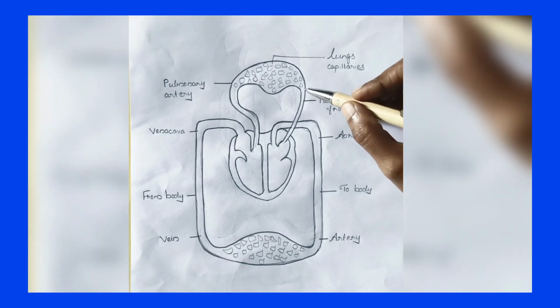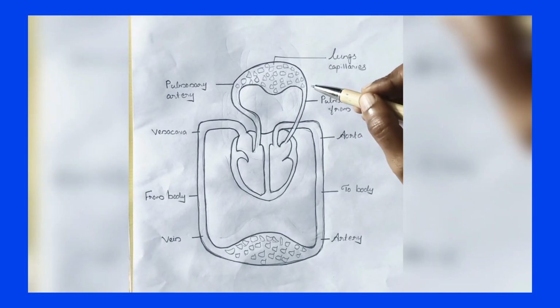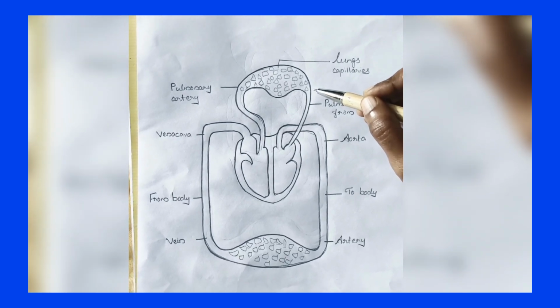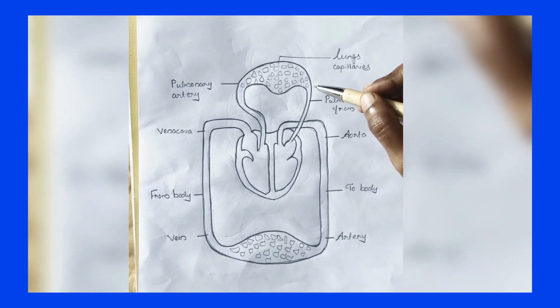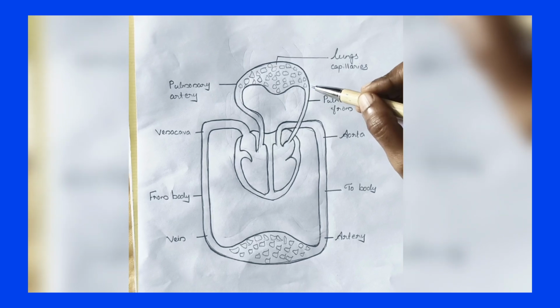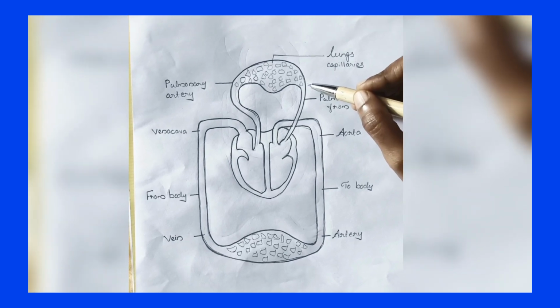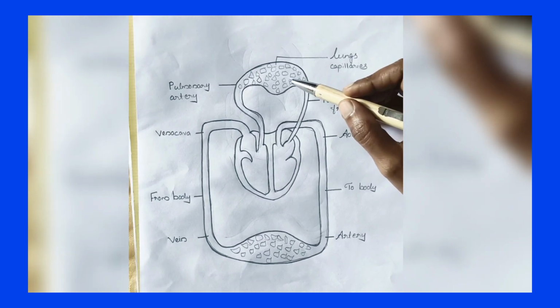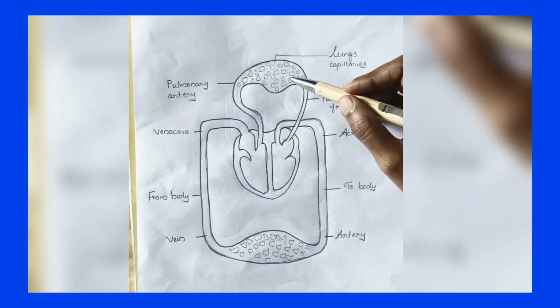First, we can understand when we take oxygen in through the nasal cavity, in the respiratory system, it directly goes to the structural and functional unit of the lungs, that is the alveoli.